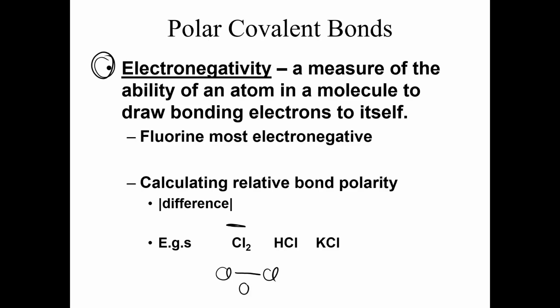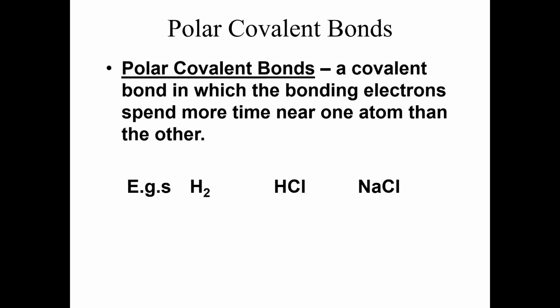Here, H and Cl, hydrogen and chlorine, has a difference of 1.5, so that's a polar covalent bond. If it falls between 0.5 and 2.0, it's polar covalent, although it can have different degrees of polarity. And then KCl is a rather large difference, like 2.34, and that means it's ionic. So you look at the difference to see if a bond is polar.